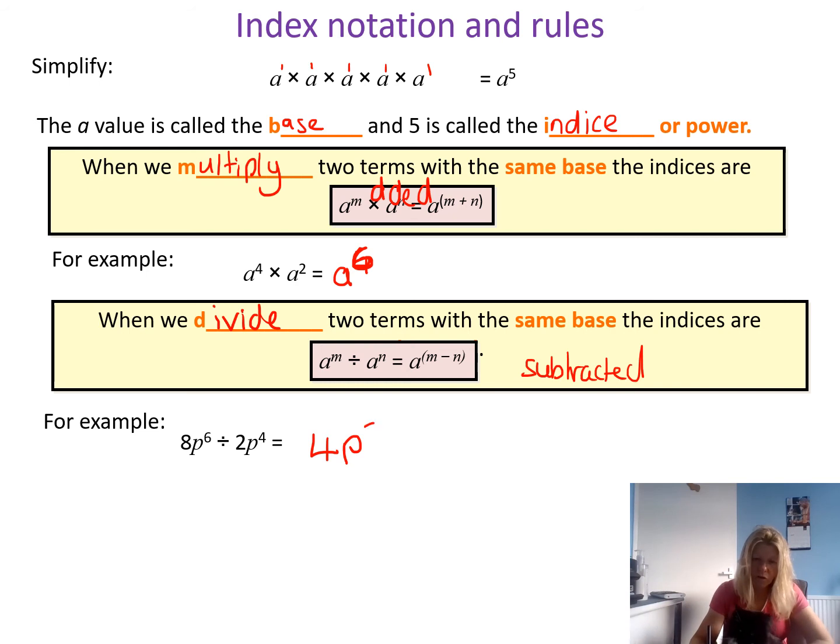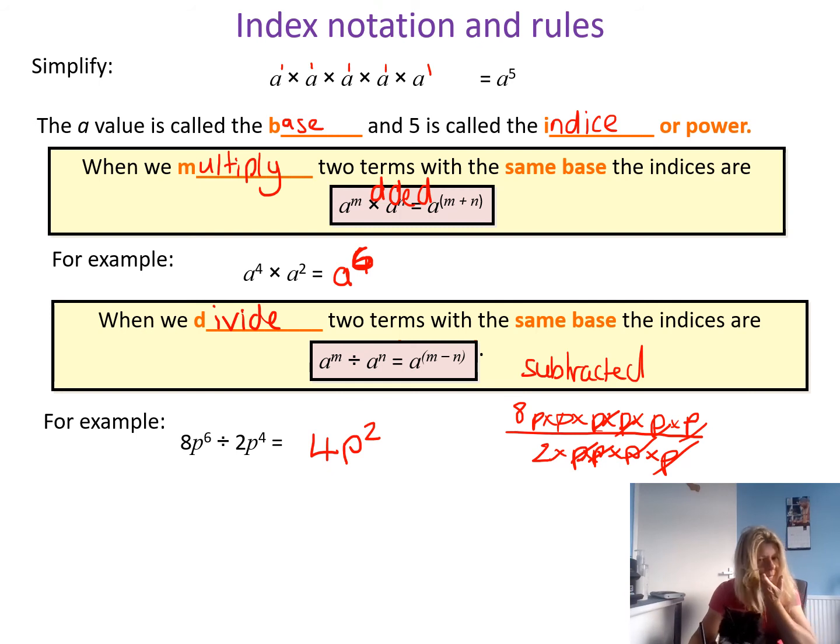And if you want to see it in full, basically it's 8 times P times P times P times P times P times P over, because the over is same as divide, 2 times P times P times P times P. So they end up cancelling. And you're left with 8 divided by 2, which is 4, and P squared on the top.